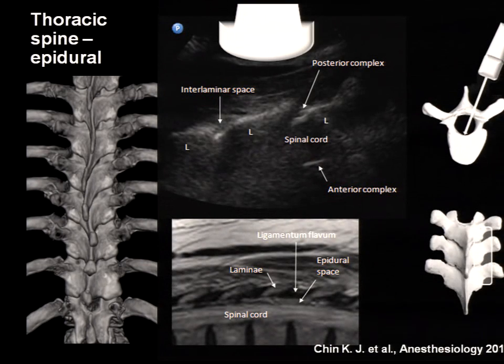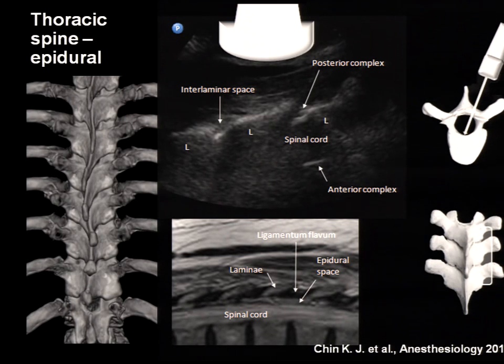That means when you go back to the review article again, this transducer position, interlaminar, what you see there, you see the ligamentum flavum, you see the dorsal dura, but the window you have here is much more narrow, because we have a larger overlap of the bone of the laminas.